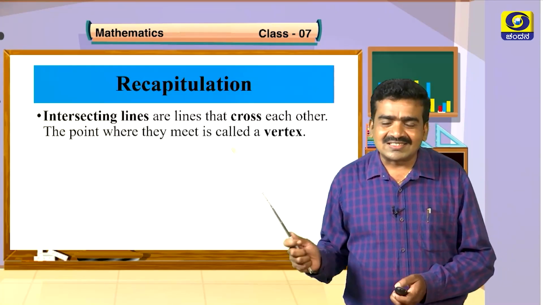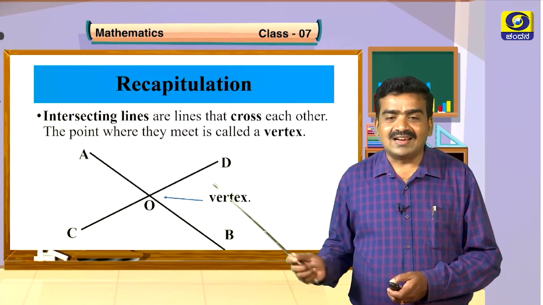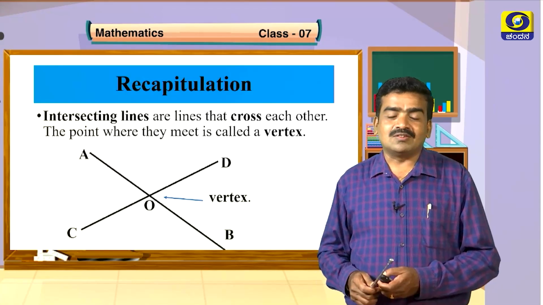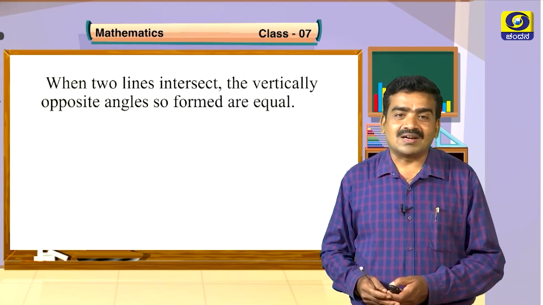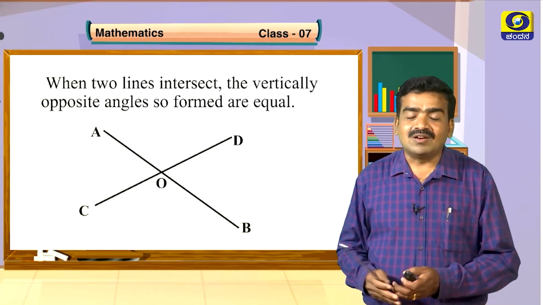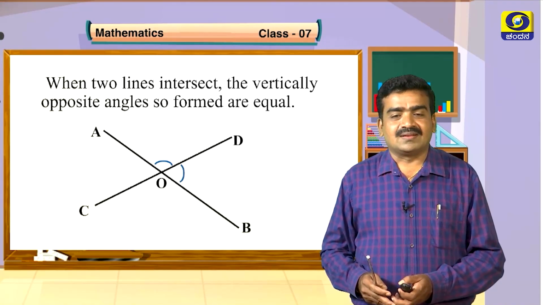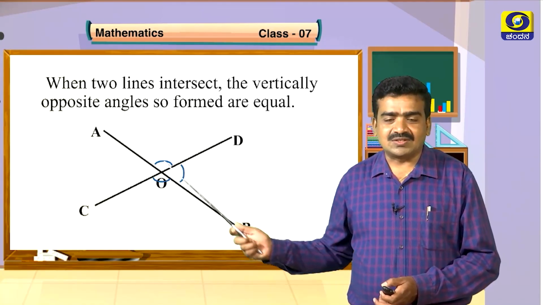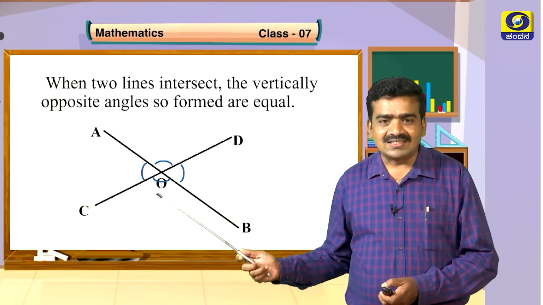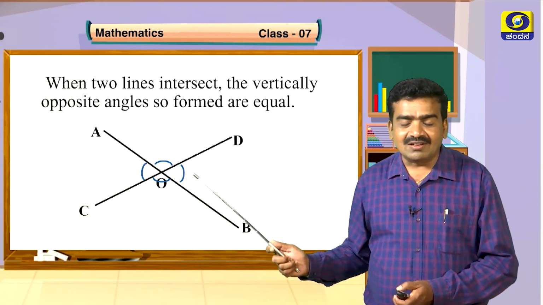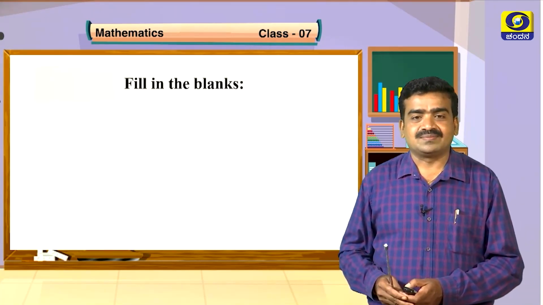These intersecting lines will have a common vertex, and the vertically opposite angles formed at the vertex are equal to each other. These two angles are equal because they are vertically opposite angles, and these two angles are also equal because they are also vertically opposite angles.